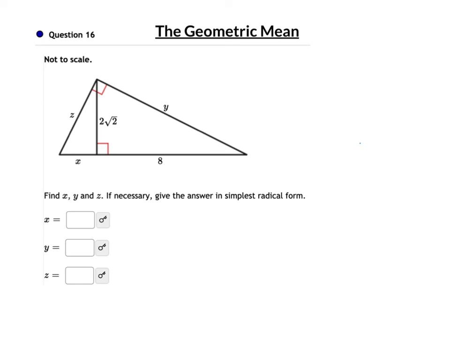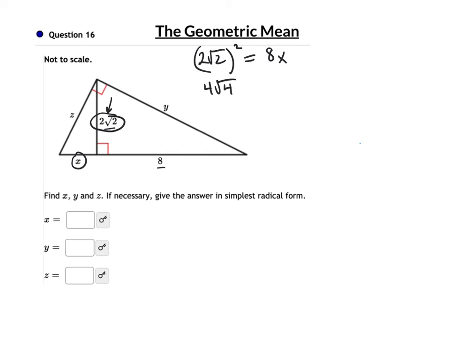This one's very close to the last one. Instead of 4 root 2, we have 2 root 2. Same procedure though. We need to find x first because we have 2 root 2 and 8, and x is the only variable I can find right off. It's the height of the big triangle squared, 2 root 2 squared equals x times 8, or 8x. 2 root 2 squared is 4 root 4.